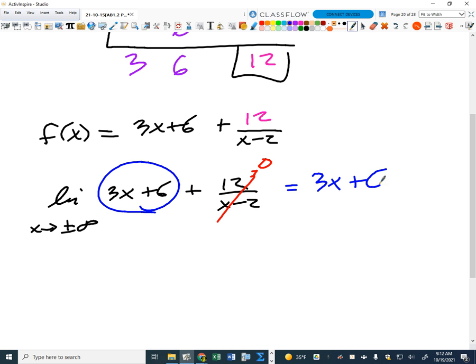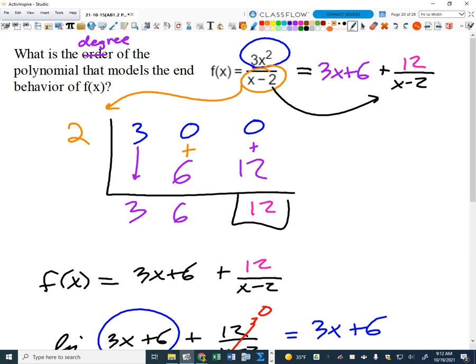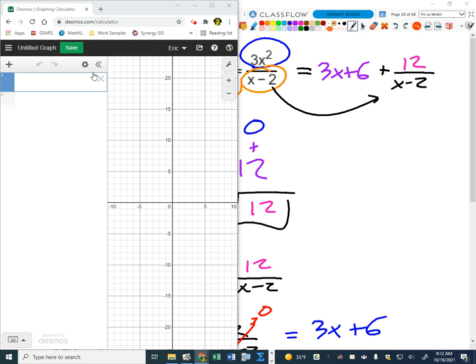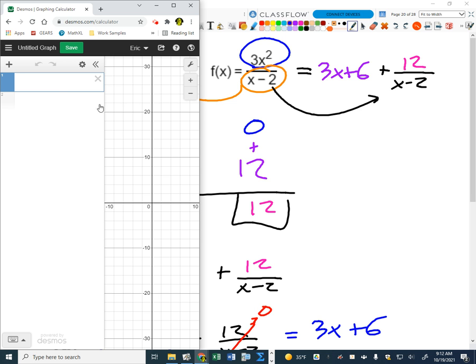Let's look at a graph of this function. You'll see what I mean. Let's graph this original function with its oblique asymptote or slant asymptote, and you'll see how useful it is. Okay, so we've got the function f of x equals 3x squared divided by x minus 2.